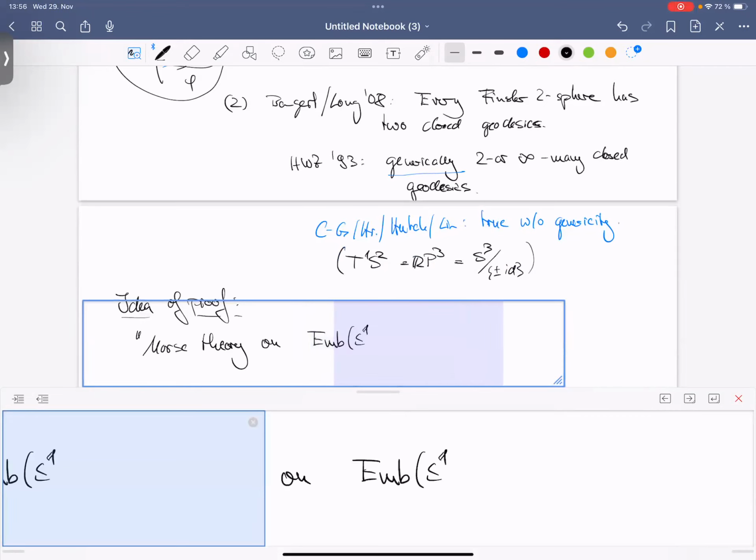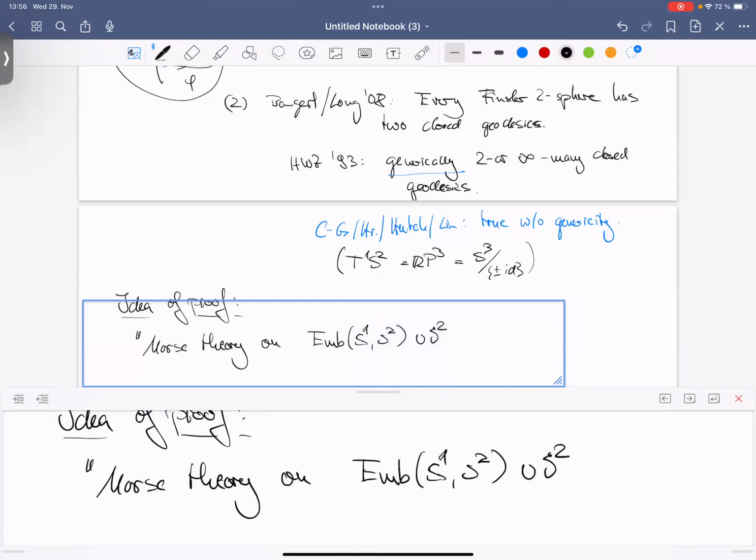Since we want simple closed smooth curves from S1 to S2, and we need to add the constant curves for technical reasons, inside the smooth maps from S1 to S2. Of course, this is a horrible space, as it's written here.